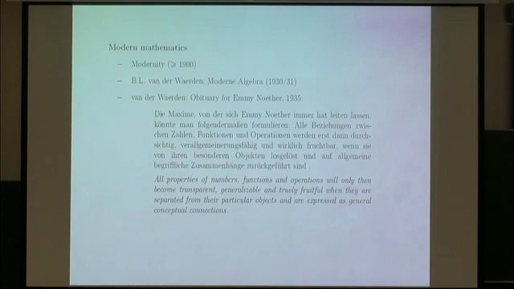This is a bit different from pure or naked formalism, because what she wants is that these notions are not just, let's say, formally correct or consistent, but you want them to become transparent, generalizable, and fruitful for mathematics.